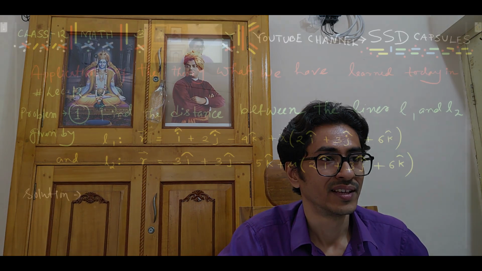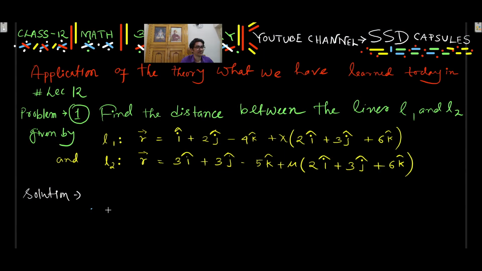Again we are using the concept of lecture number 7, that is the equation of a line in space passing through a given point and parallel to a given vector. If this is line L1 and the green line we consider as line L2, then from the equation of line L1 we can say that L1 is passing through a particular point whose coordinates are 1, 2, minus 4. Say this is A1 vector.